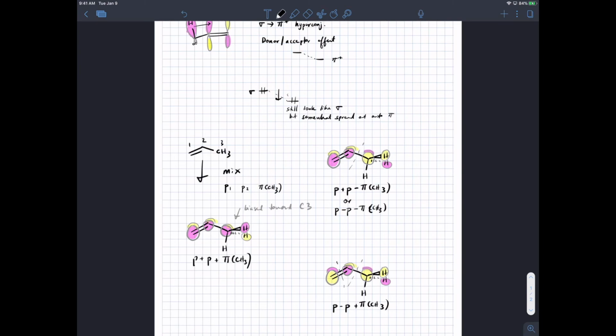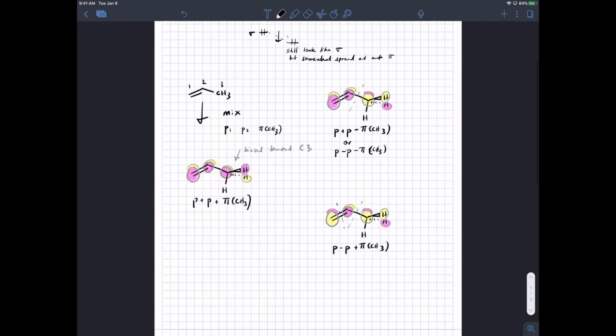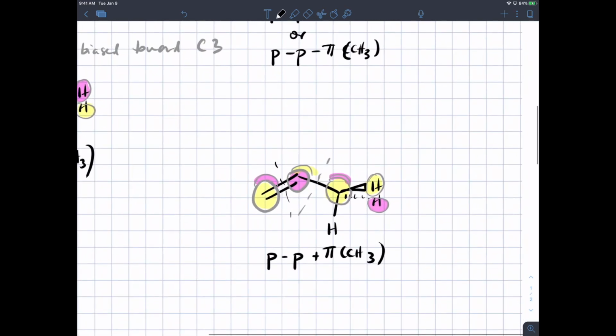Small thing, why is that P minus P plus pi CH3? Are you mixing it out of phase with the P minus P orbital? Yes, I did that just so that I wouldn't have to redraw the molecule and write all of the phases.